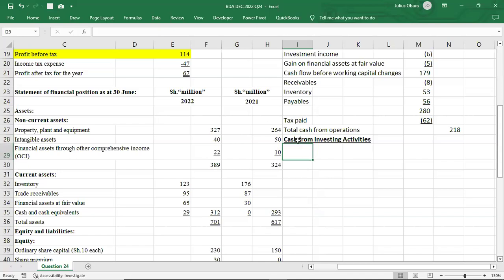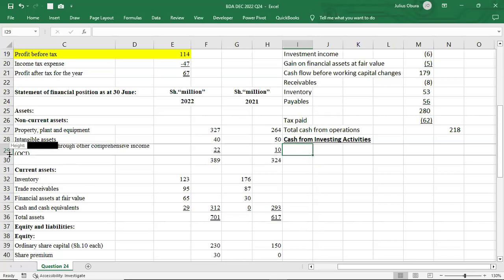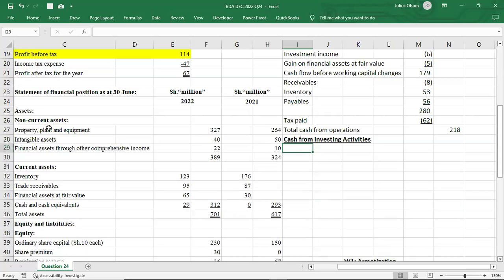For this, we go to our statement of financial position and look at our non-current assets part. We have property, plant, and equipment, intangible assets, and financial assets through other comprehensive income. For the three, we look at: number one, was there a disposal?